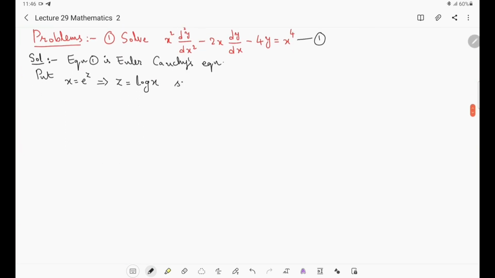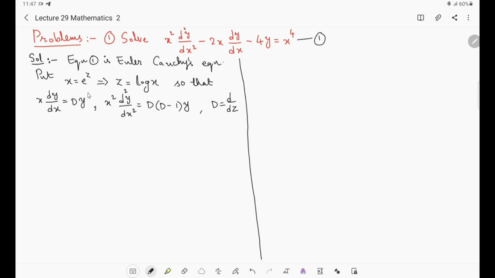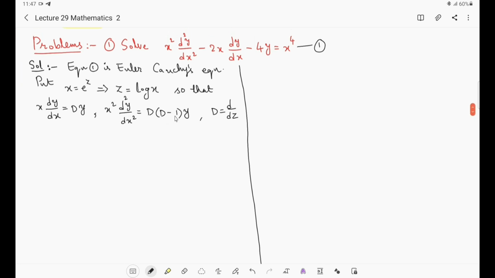So when we take this substitution, x into dy by dx will become capital D into y, and x square d square y by dx square will become D into (D minus 1) into y, where D is d by dz, the derivative with respect to z.